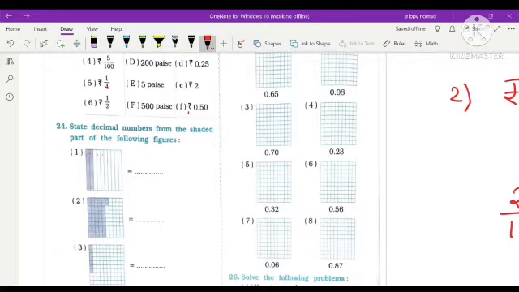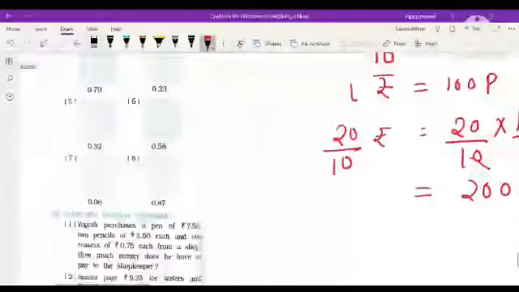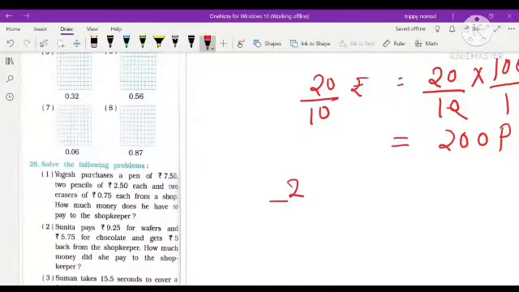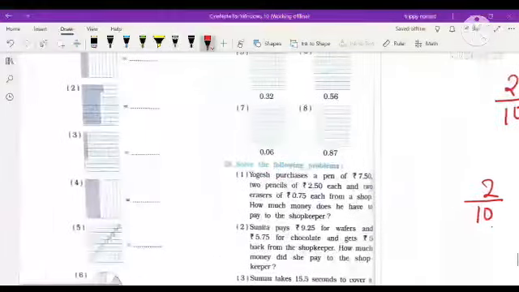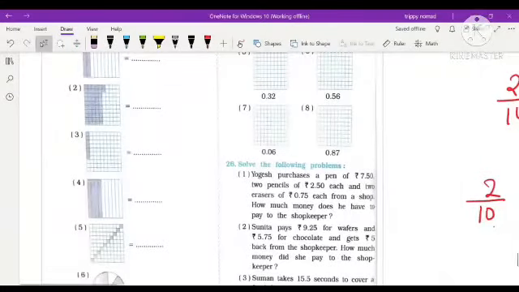Let us count. There are 2 shaded, and out of how many? 10 rows. That means 2 upon 10. Out of 10, 2 parts are shaded. So 0.2 will be the answer.